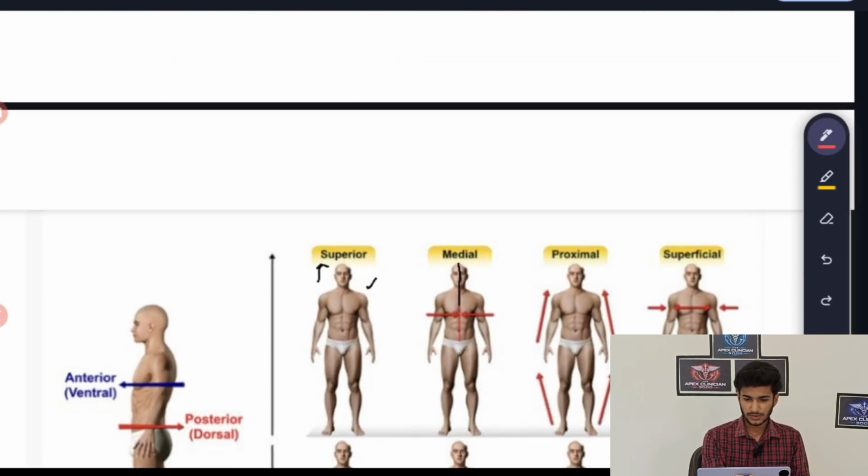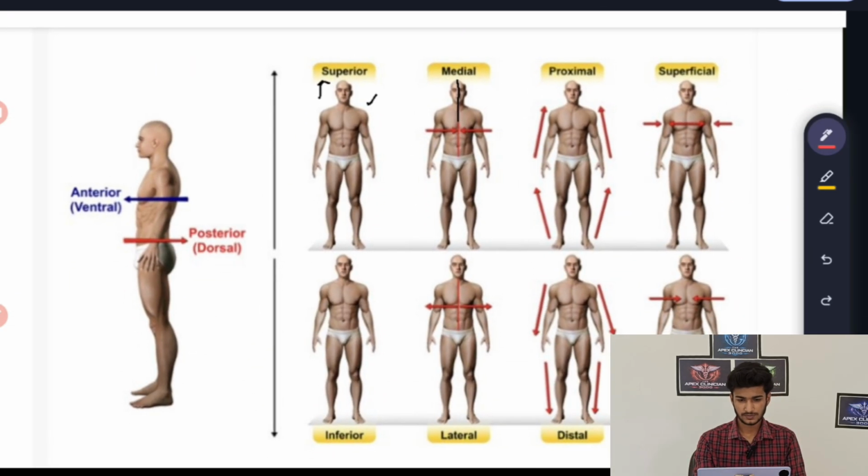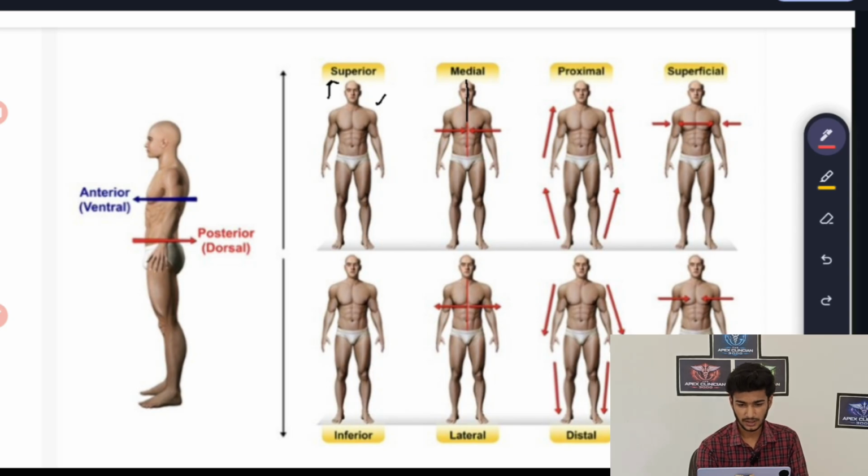So here you can appreciate in this image that this is the superior part. The upper part is called the superior part. This is basically the midline of the body. Surfaces present near the midline are called the medial surfaces, and surfaces which are present away from the midline are called the lateral surfaces.